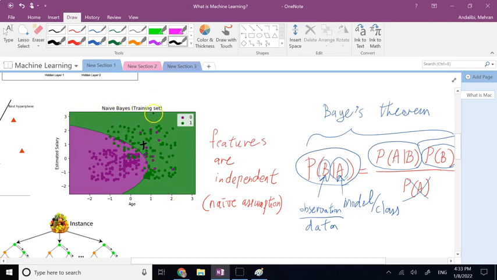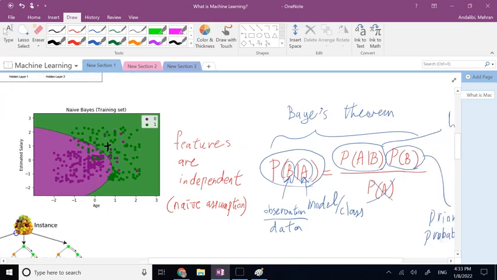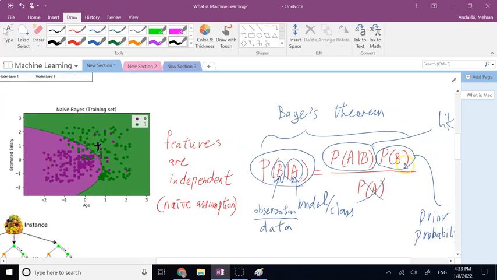And of course, if the green class is a bigger class, it has a higher probability that it can give you a data. If the purple is smaller, it has a smaller probability. So the size of these two classes is basically this prior probability factor. And as I said, we're going to go through that with examples and everything.